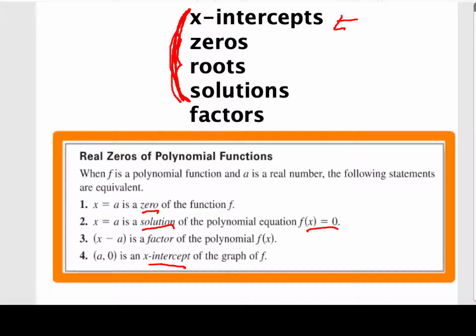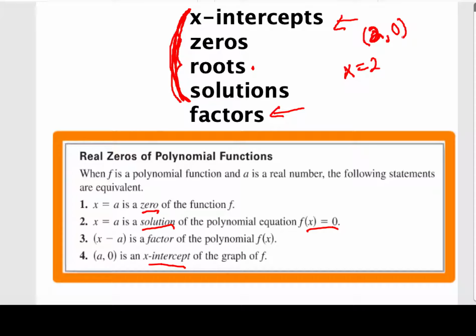Roots is just sort of an older name, but all of those things mean the same thing. One other connection we want to make is factors. If we have a zero, let's just say x equals 2, it would be one of the zeros of our function. Therefore, our x-intercept would be (2, 0), saying that y equals 0, because that makes an x-intercept.